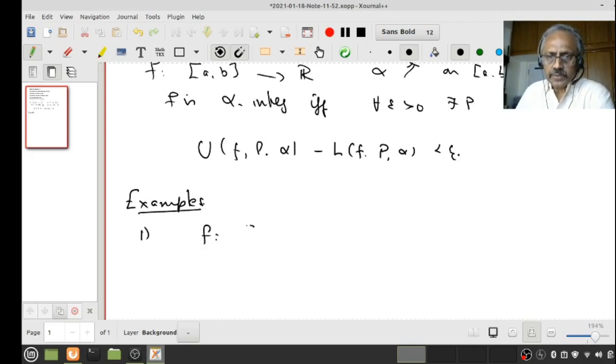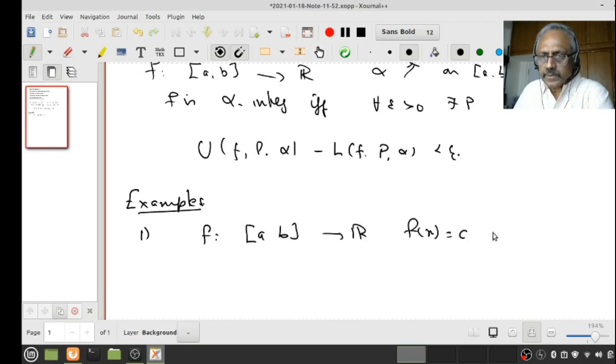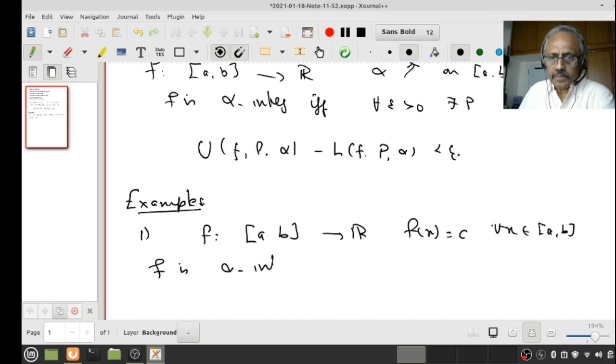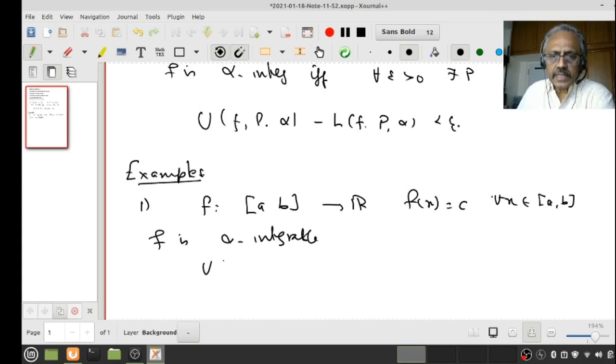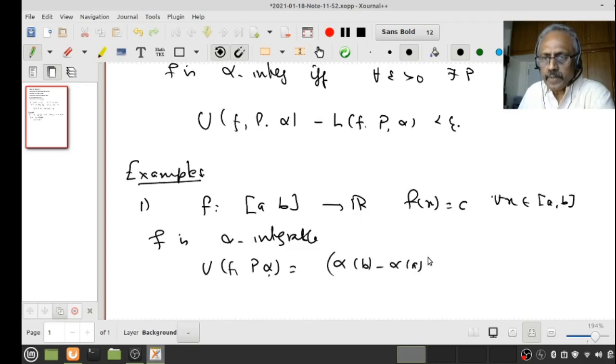The first example: suppose f is a constant function from [a, b] to R, f(x) equal to c for all x, and of course alpha is increasing. Then f is alpha integrable. Why? Because we had already seen that for any partition P, the upper sum U(P, alpha) is going to be (alpha(b) minus alpha(a)) times c, which is also equal to L(P, alpha).